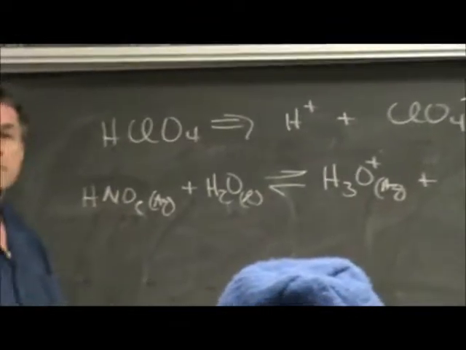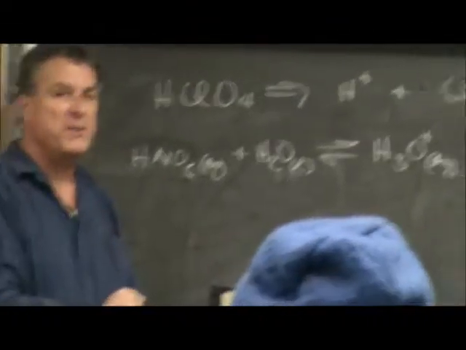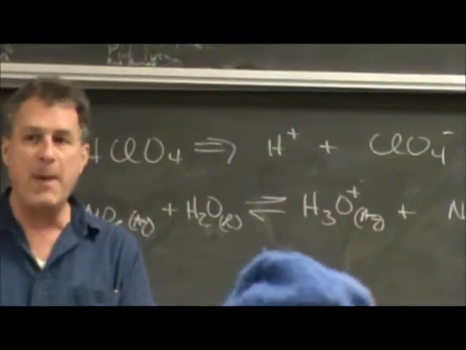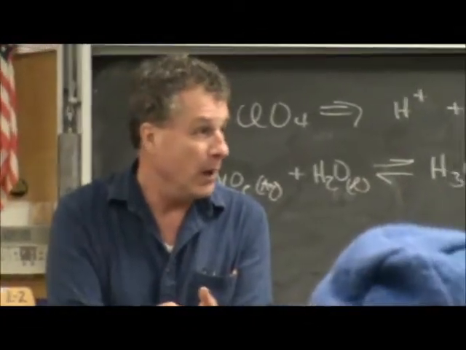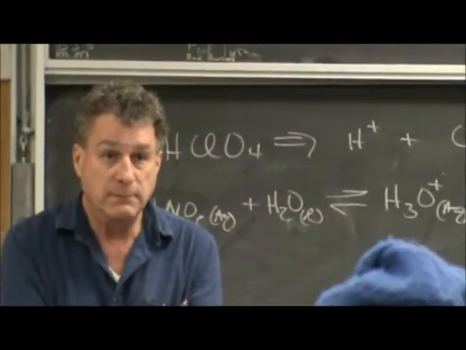Now, back to the equation and the double arrows. Which did we decide was the stronger base? Water or nitrite ion? Acting as a base, where would you find the strongest base? At the bottom, the NO2 minus ion, right?